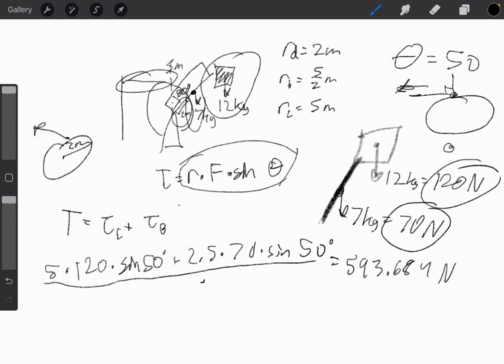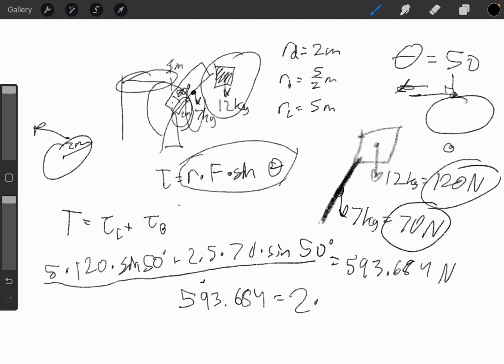And we know that force to be 593.684 newtons because the torque is completely counteracting the torque pulling the circle down. So they need to be completely equal. So let me erase the Newton symbol so I can work with more variables. So I need to set this equal to, so now the radius of the disk, you remember, was 2 meters.